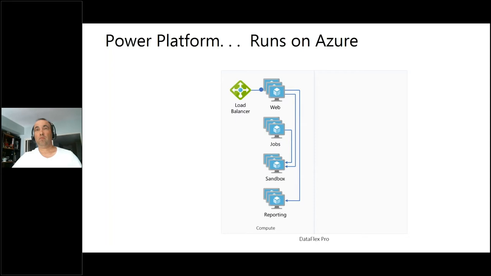Now that endpoint is, behind the scenes, using a load balancer that routes requests to a bunch of different types of VM scale sets, and we have some of those VMs hosting our APIs. Some of those VMs are acting as our web servers, which are handling synchronous processing in our job tiers, some of them are hosting our custom business logic in the sandbox tier, and some of them are handling our reporting.